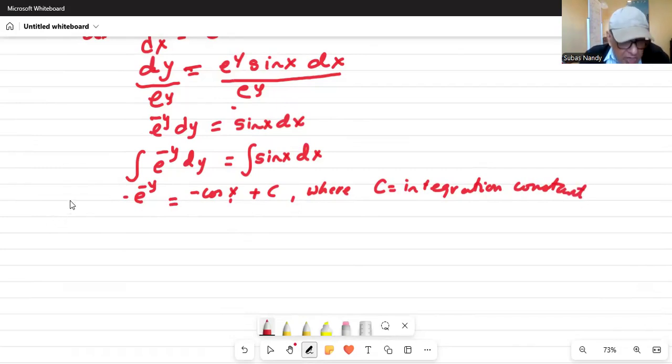Now I will divide by minus 1 on both sides. Let me take care of that by drawing a straight line.